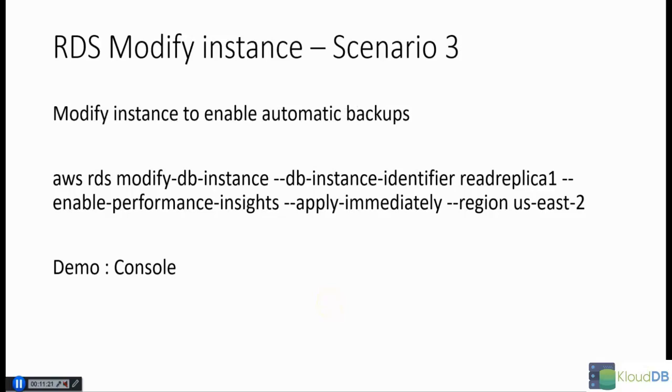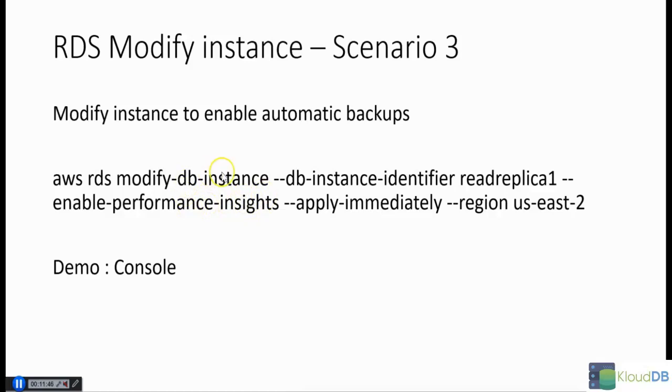The third scenario is, let's say automatic backups are disabled, and you want to enable automatic backups. You can do this using this command, aws rds modify-db-instance, identifier, and then the name, and then enable-performance-insights. This is the wrong command. Sorry about that. We have to use a different command.